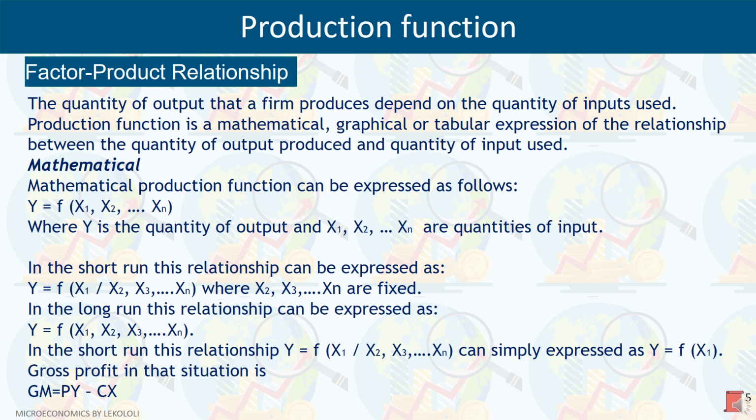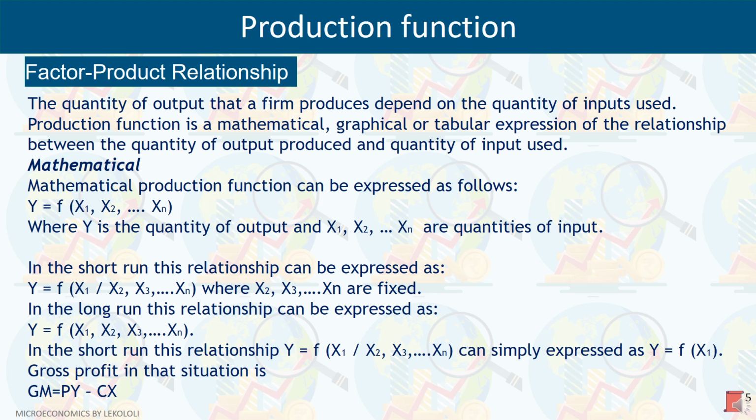In the short run, some of the inputs are fixed and cannot be easily changed. So our production function looks like below, where y is a function of x1, given that x2, x3 up to xn are fixed inputs.